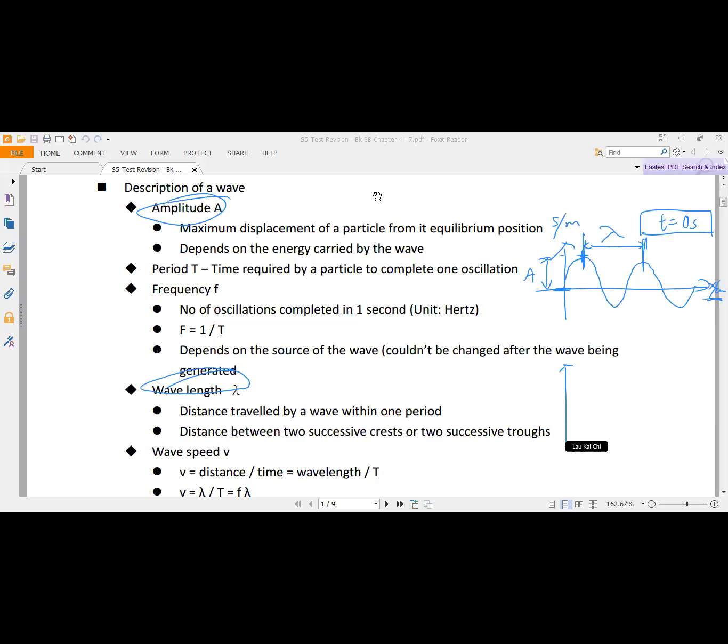Okay, so that is the first information you should be able to tell. Okay, secondly, if you have another graph where the x-axis is time. So let's say you have a graph like this, maybe like this, okay? So what information we can get from this graph? In fact, what you can get is, first, you can get also the amplitude, right?